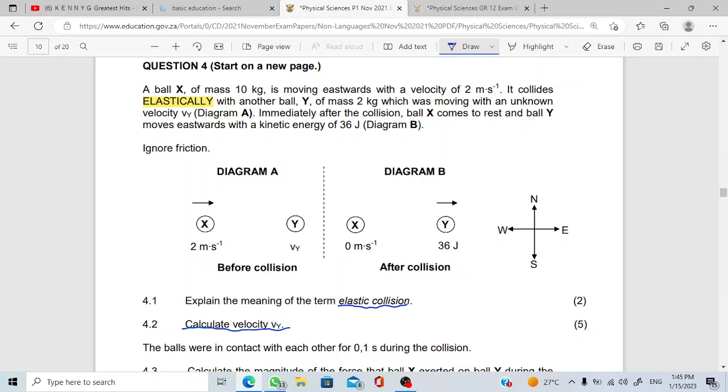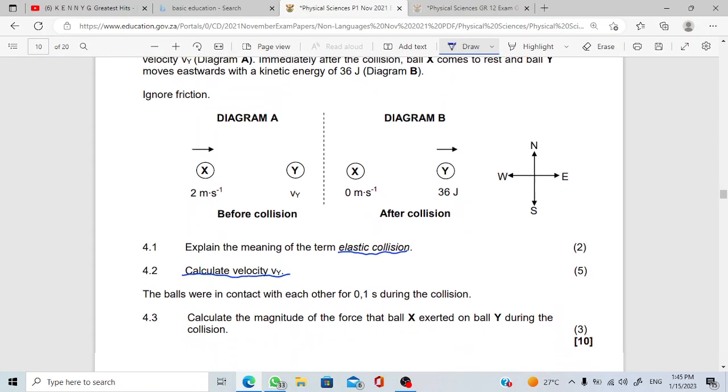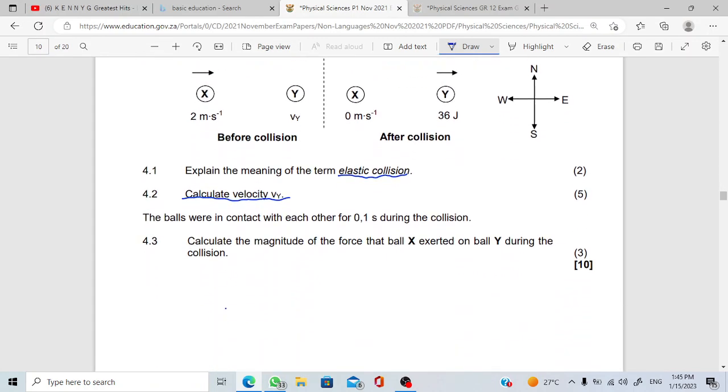But for you to solve the velocity here, you can use the equation of kinetic energy. So you are going to say kinetic energy, Ek, is equal to half mv squared.